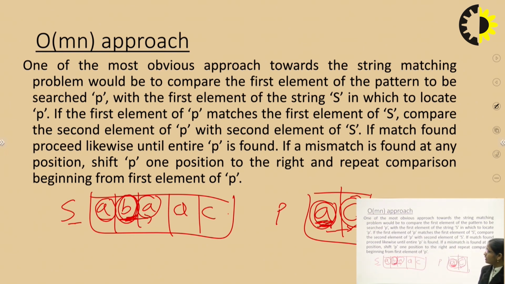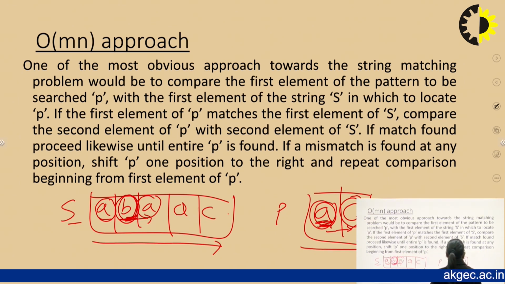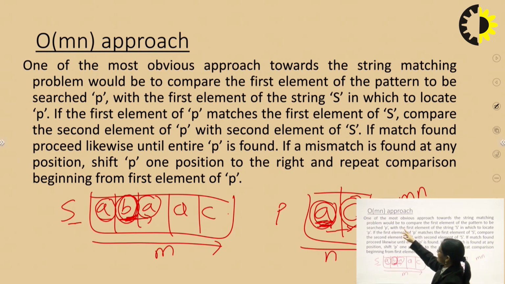This is the naive approach to find the exact location of pattern P in a string S. If the length of the string is m and the length of the pattern is n, then the total time taken by this algorithm is m into n. That is why this approach is called the O(m*n) approach.